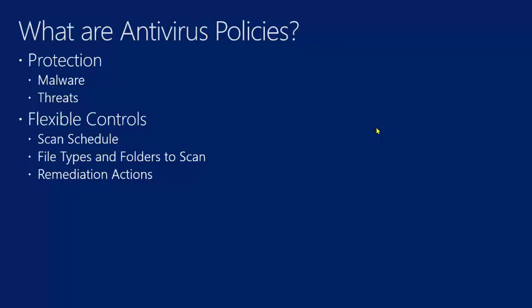Having flexible controls is a key thing for policy so that you can set things just as you need to set them, such as scan schedule or the file types and folders to scan or to exclude from scanning, and real-time protection, remediation actions if you do find malware on a device, and so on. So all of those things are defined by antivirus policy.